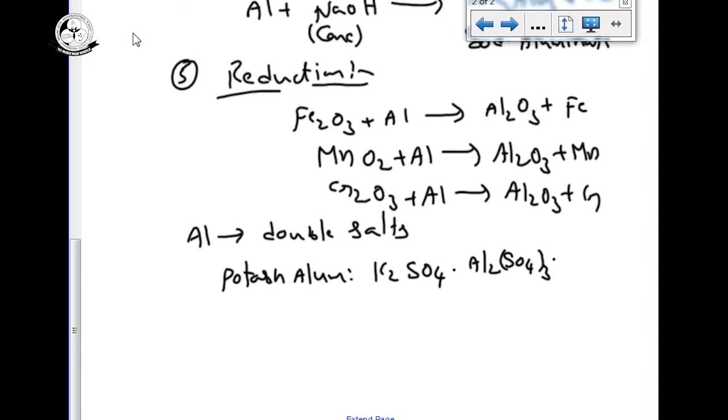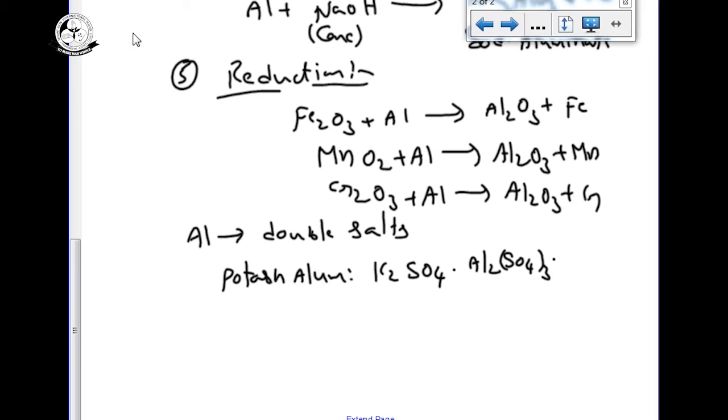Alums are used for the purification of water and for blood clotting when you cut yourself with a knife. We use double salts to clot the blood immediately.